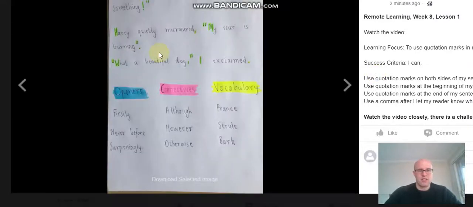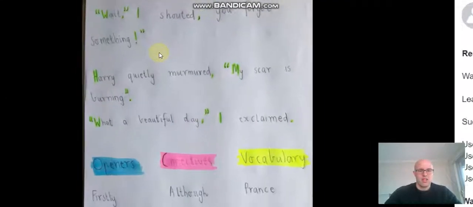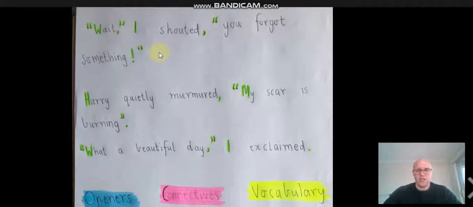So here's my example. So what I want you to do is, this is if you don't want to do the challenge, I'll explain the challenge in a moment. So basically what you're going to do is you're going to write a short sentence using the quotation marks in different ways. So I've used one where the quotation marks are on both sides, start and the end, one where it's just at the end and one where it's just at the beginning.